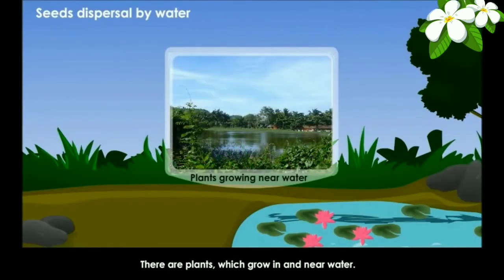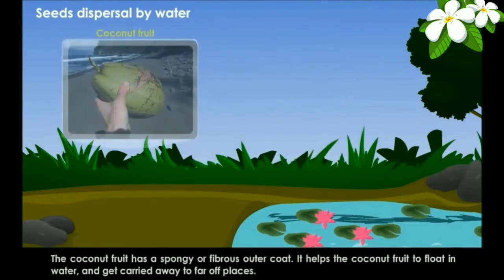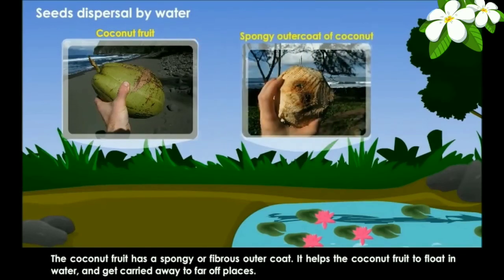Seeds can also be dispersed with the help of water. The plants which grow in water disperse their seeds through the water. They have certain structures which help them to float on the water. Coconut has a spongy and fibrous outer coat.